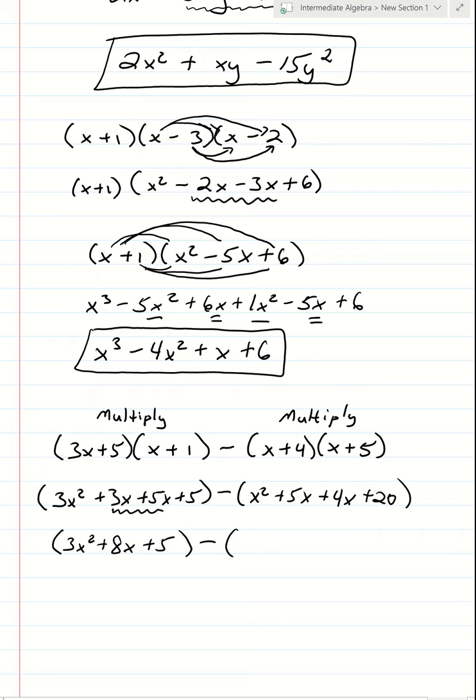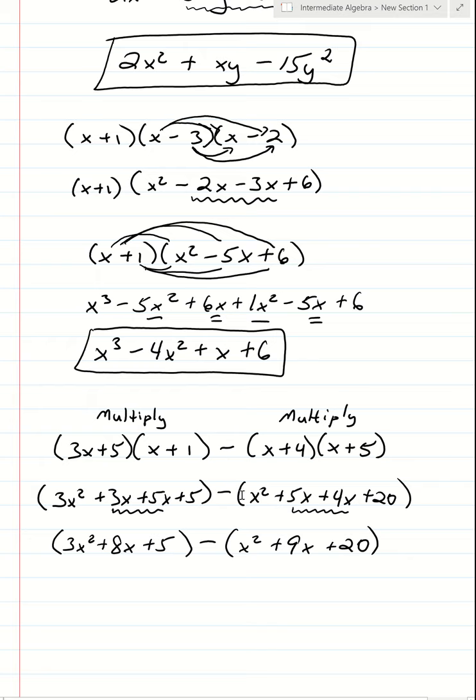Once again, I might be so inclined as to combine my like terms that I have in the middle, which means I would have an x squared plus 9x plus 20. But now we're only done with the multiplication aspect. Next, we're going to have to combine these 2 polynomials by the operation of subtraction.